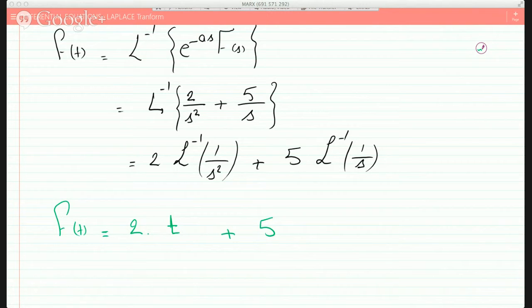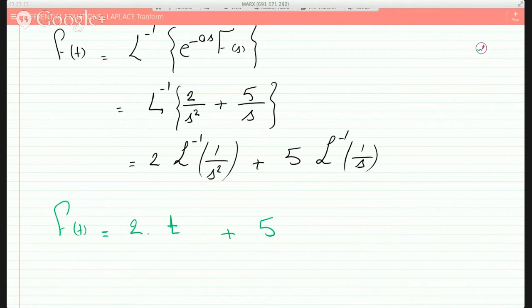It's equal to u of 4, because of the shift by 4, times f of t minus 4, right? Which is equal to u of 4 of t, and then f of t minus 4 turned out to be 2t minus 3.